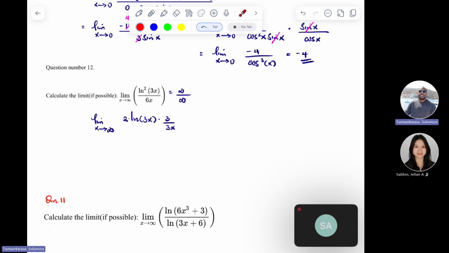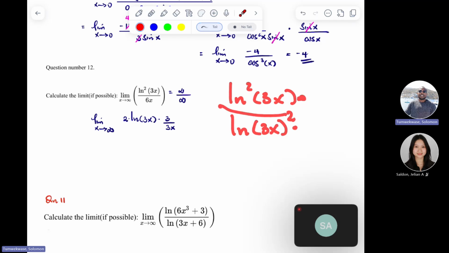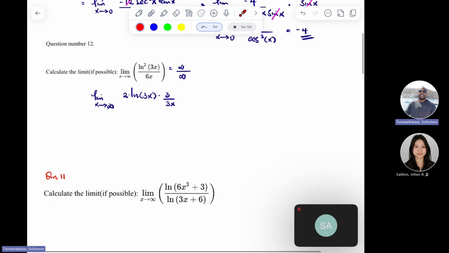Now, let me remind you that natural log squared of 3x and the natural log of 3x squared are different. What we are doing is this one. This one is where you would have to drop the 2 down there. Okay, so this is the derivative of the numerator. And then the derivative of the denominator is just 6.